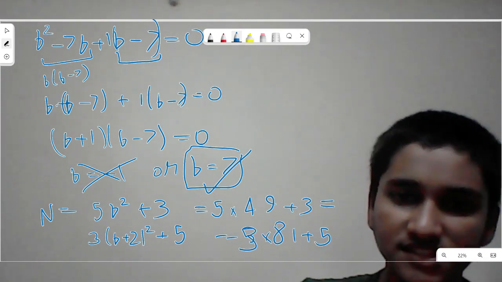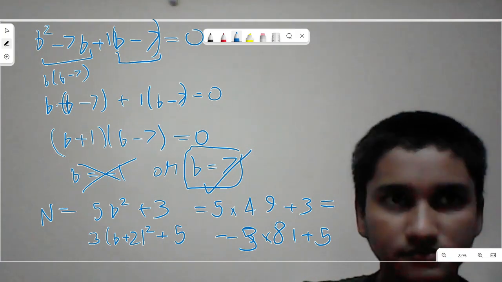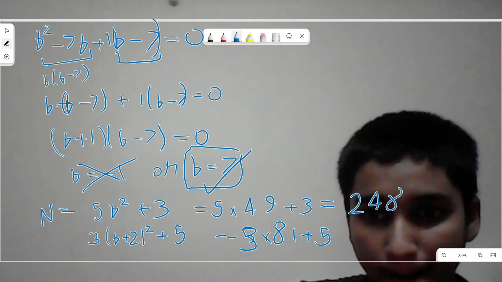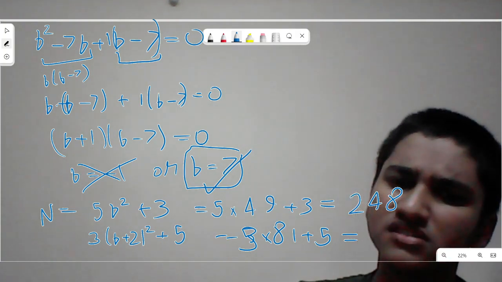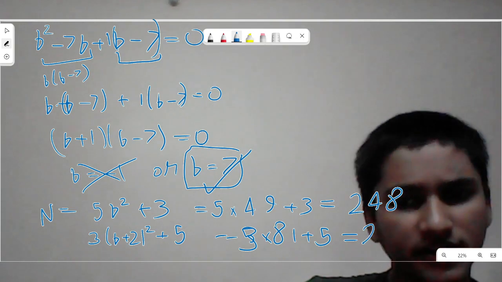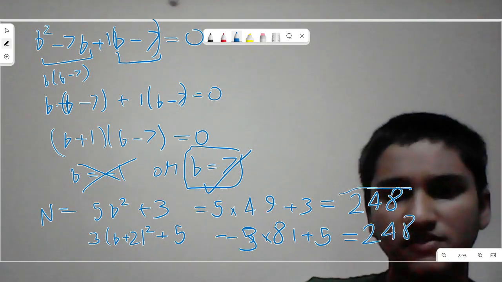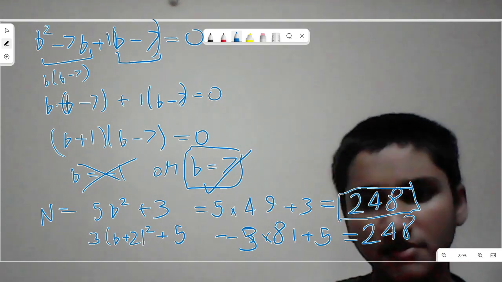If we evaluate this, it will come out to be 248, and if we evaluate that, it will also come out to be 248. So yeah, we are right. So we have our number n as 248.